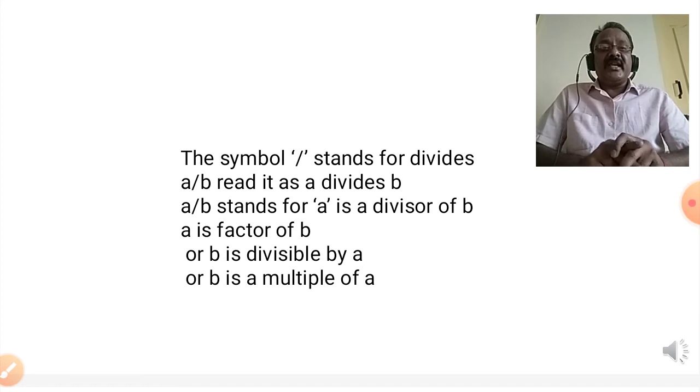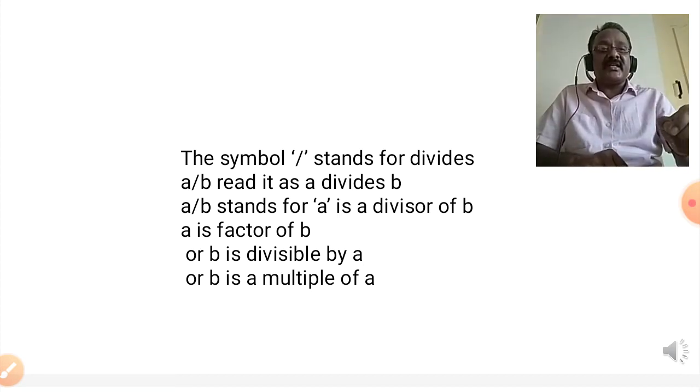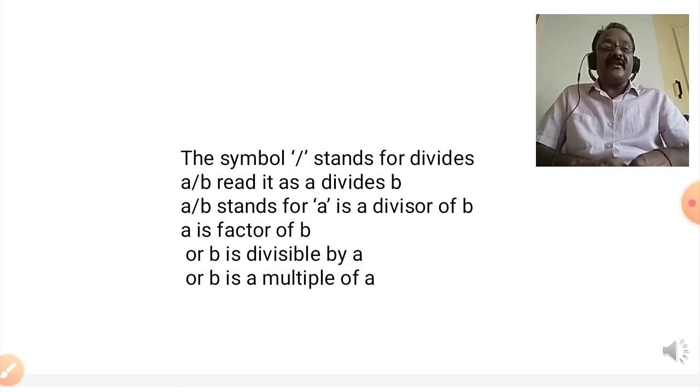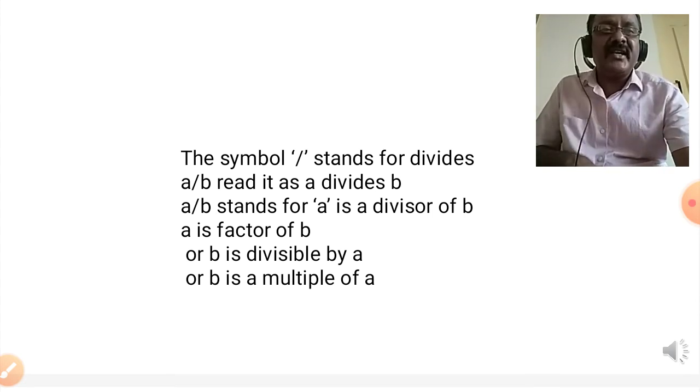A divides b is nothing but A is a divisor of b. A divides b, or a is a factor of b, or b is divisible by a, or b is a multiple of a. These are the different meanings of a divides b.